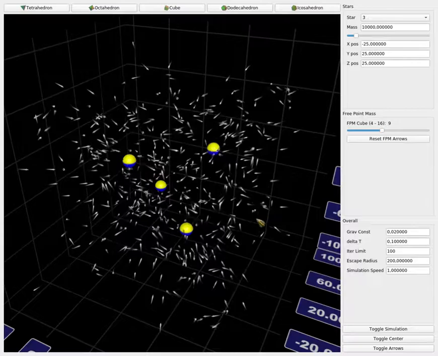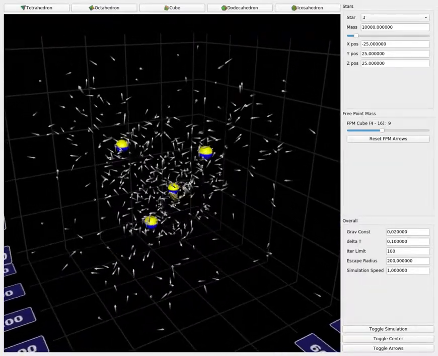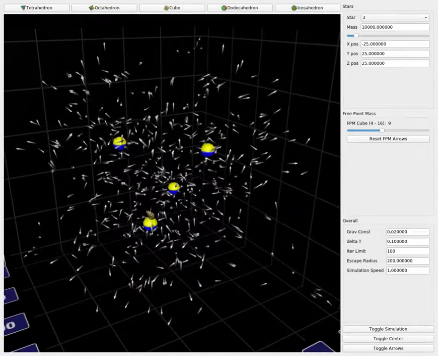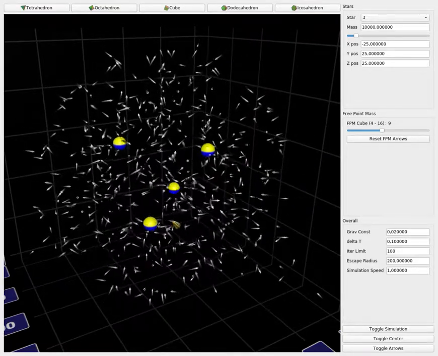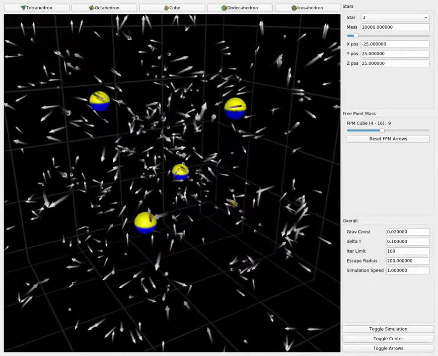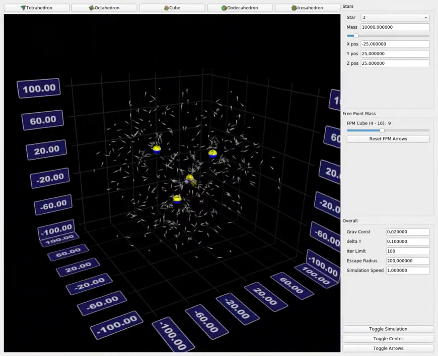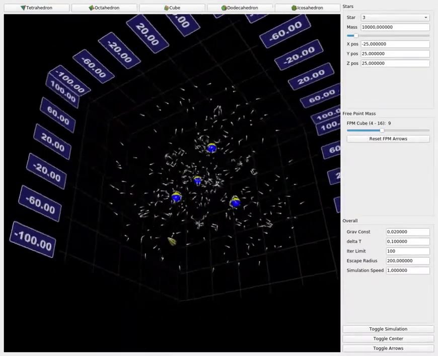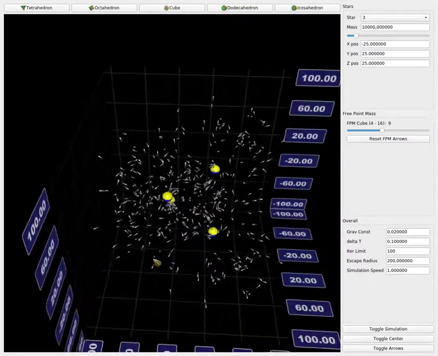And you can see all the arrows being attracted in and interacting, in quite a chaotic fashion, in an arrangement that roughly reflects the arrangement of the masses themselves.